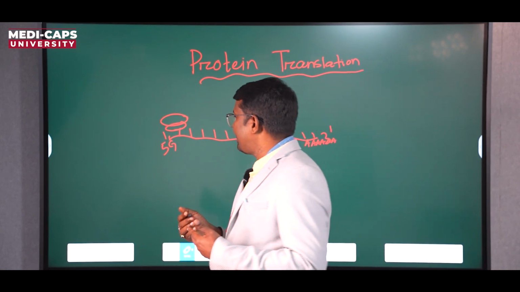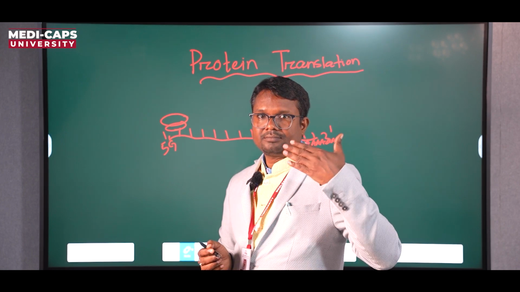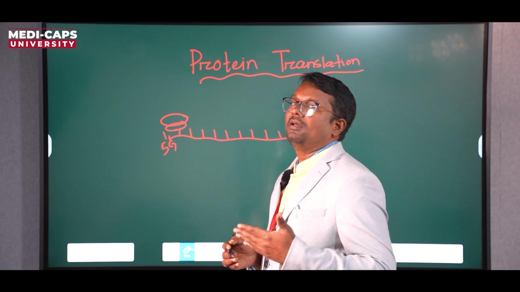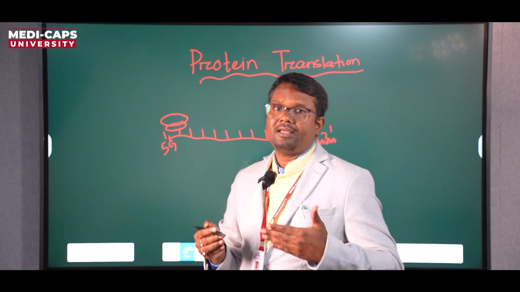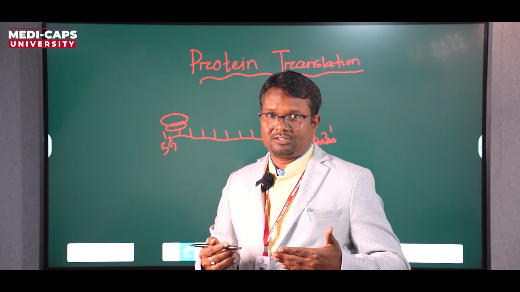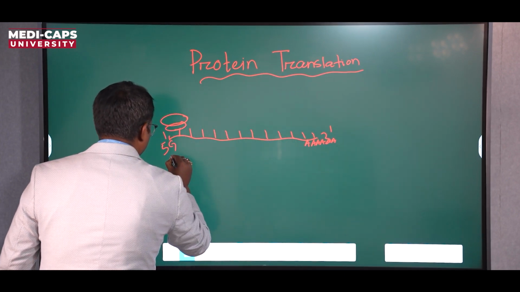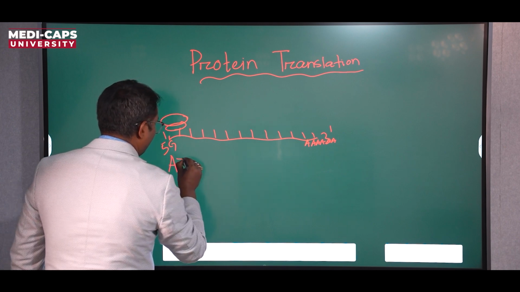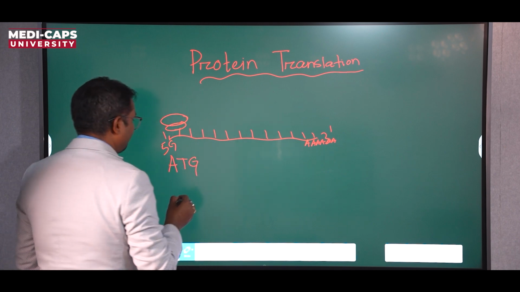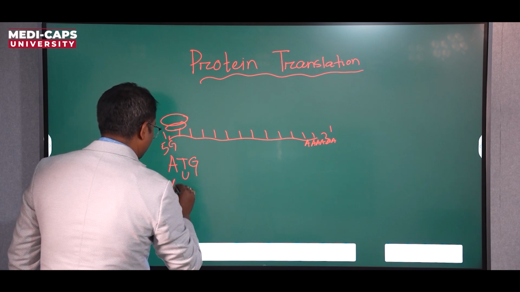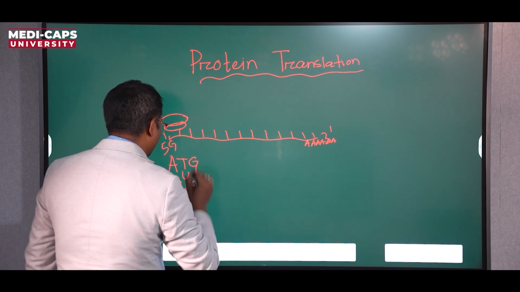You know, the mRNA contains all the message for the protein in the form of triplet codons, and you must be knowing about this. So the first codon will be ATG, or in the mRNA T will be replaced by U, or you can say AUG.